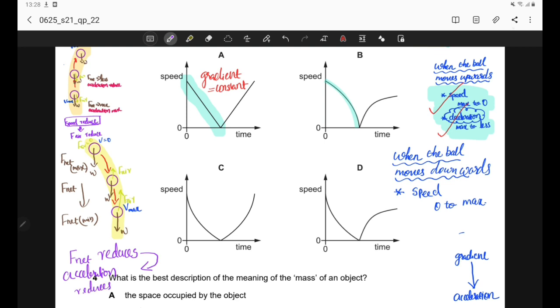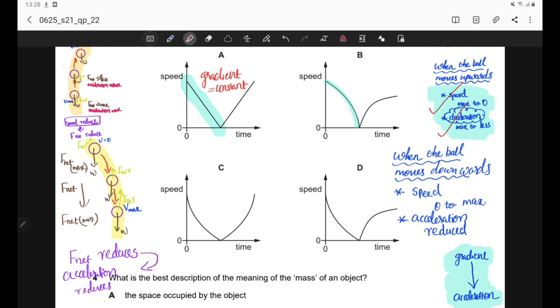So that is the second point we should keep in our mind: acceleration will reduce. And what is acceleration? Acceleration on a speed-time graph is nothing but the gradient of that graph.